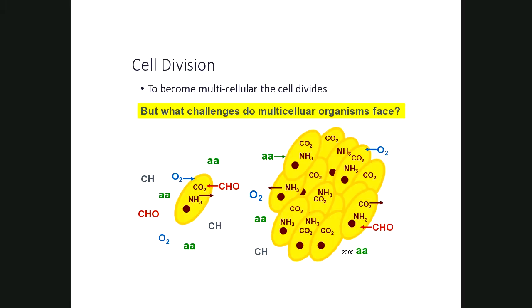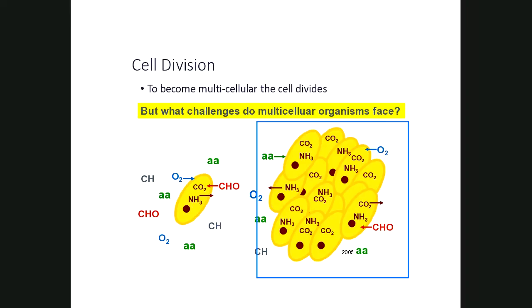And so you can see here, this is a multicellular organism, if you will, and oxygen is diffusing into that, amino acids are diffusing into that, and then the waste products of carbon dioxide have that ability to actually move out of those cells once the carbon dioxide levels or the nitrogen levels build up to a specific level, then they move out of those cells.